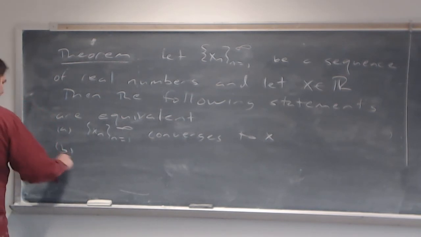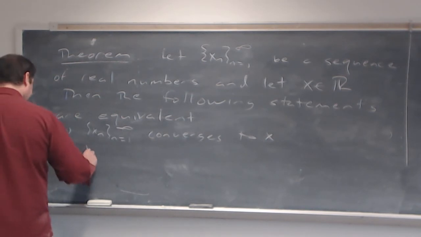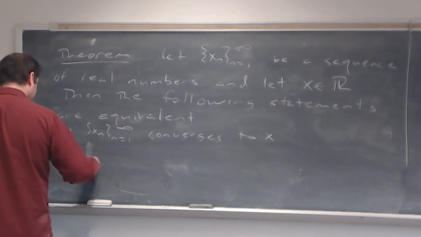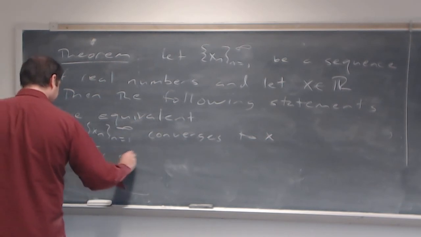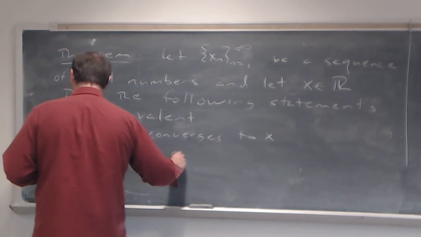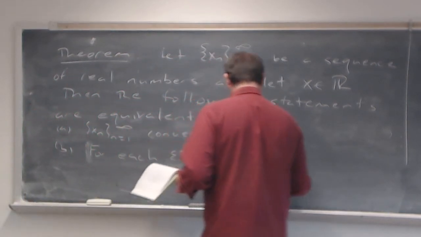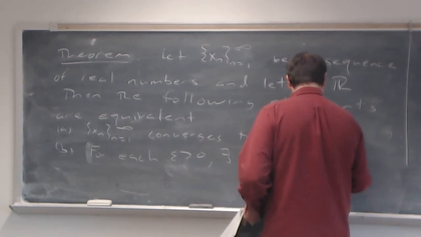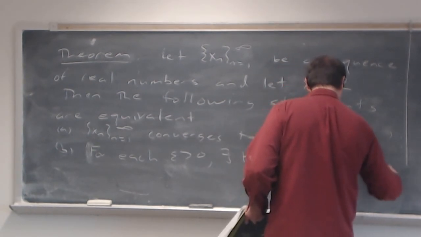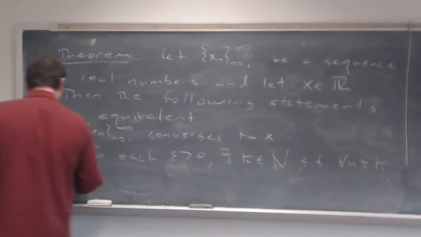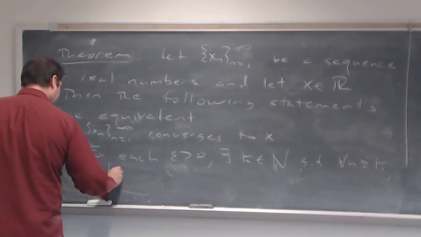B, the next statement, is for each epsilon greater than 0, there exists a k element of natural numbers such that for all n bigger than or equal to k, the absolute value of x of n minus x is less than epsilon.